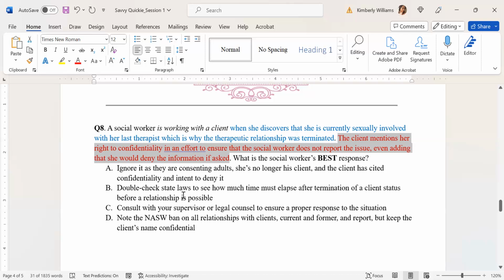Should the social worker double check state laws to see how much time must elapse after termination of a client's status before a relationship is possible? Should the social worker consult with her supervisor or legal counsel to ensure the proper response to the situation? Or should the social worker note the NASW ban on all relationships with clients, current and former, and report, but keep the client's name confidential?